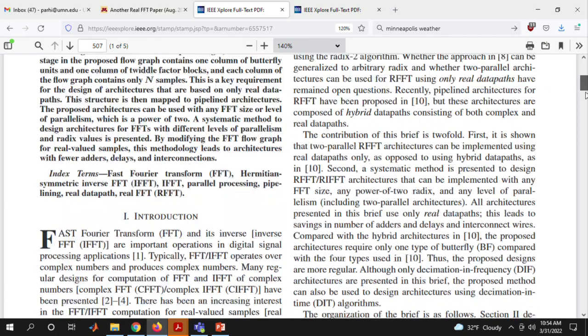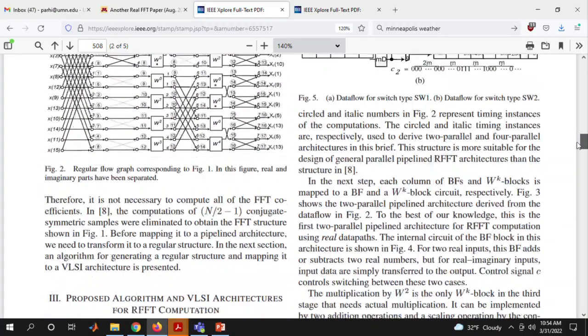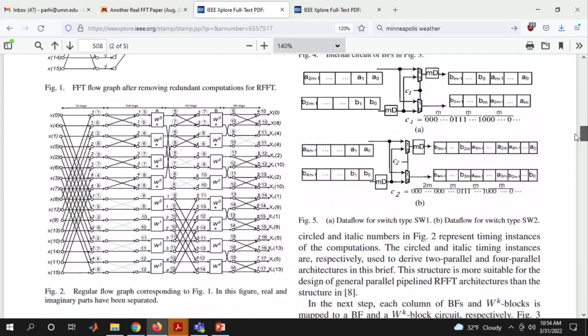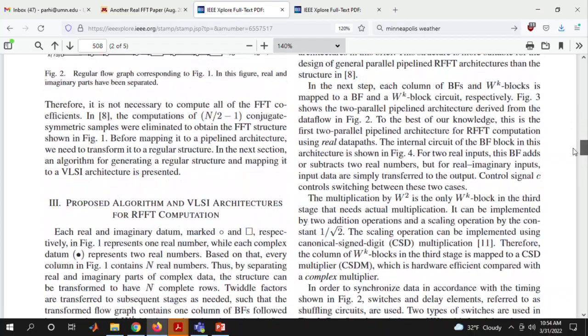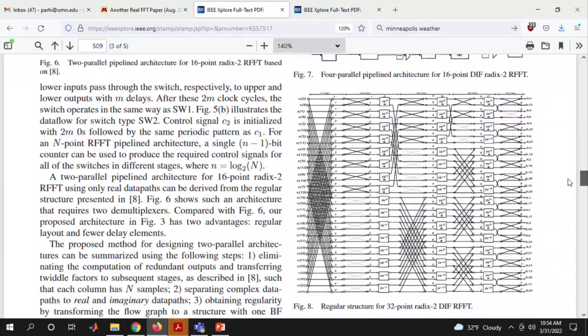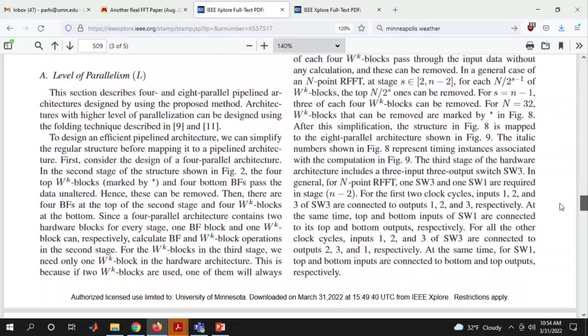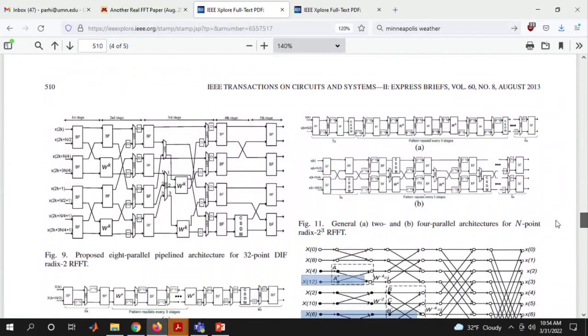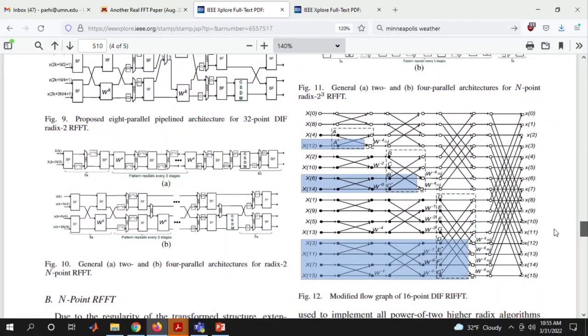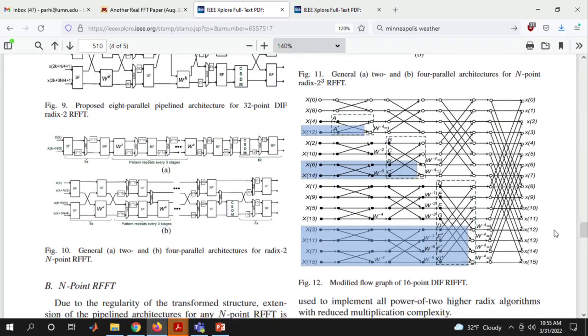And so that's the same idea that wasn't in the Garrido paper, so Salehi worked that out. And if you look at that, that's 32 point. Okay, so let's look at this figure 12. If you look at figure 12, this x12 is the conjugate of x4.